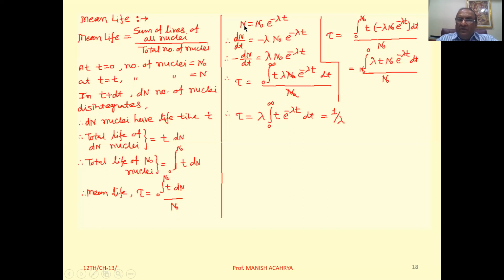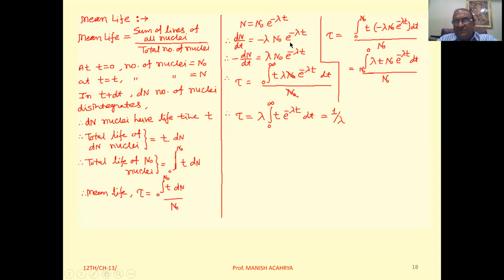But now we have the equation n equal to N0 e raised to minus lambda t. If we differentiate this, dn by dt is minus lambda N0 e raised to minus lambda t. So minus dn by dt is lambda N0 e raised to minus lambda t. Now here we have the equation tau equal to integration 0 to N0 of t into dn.